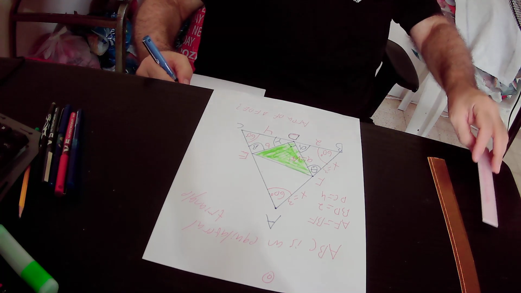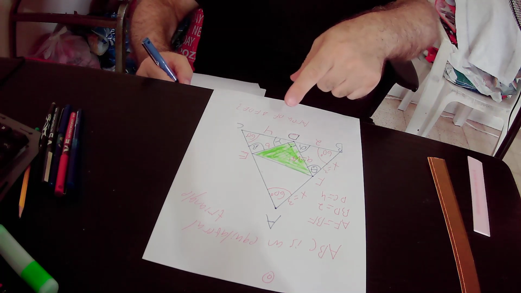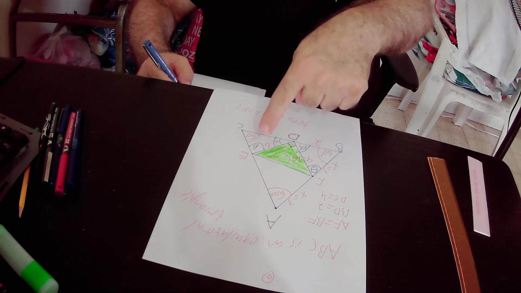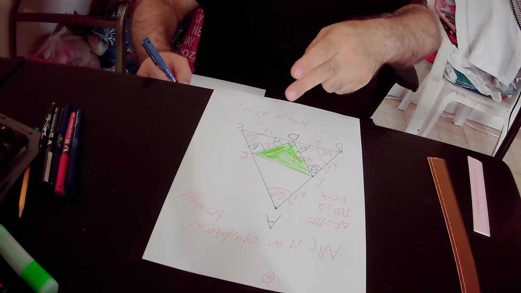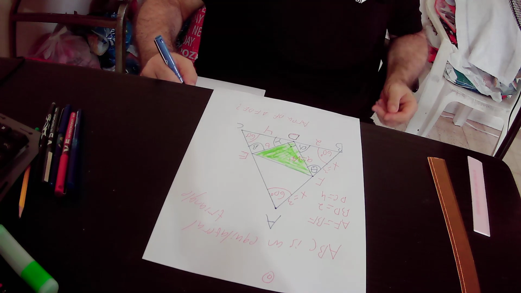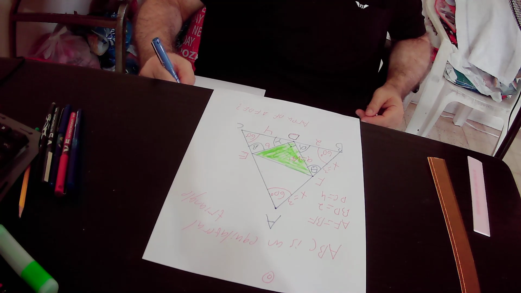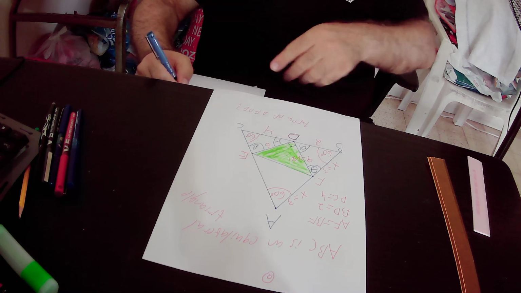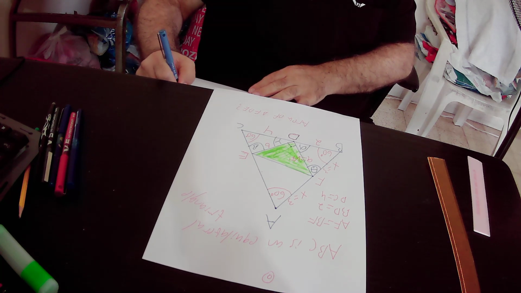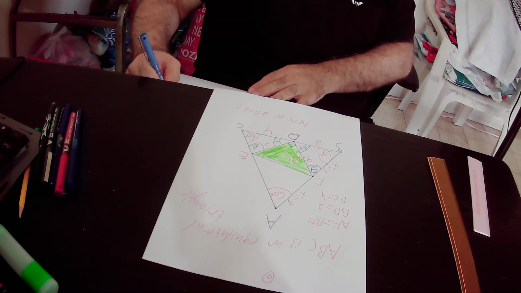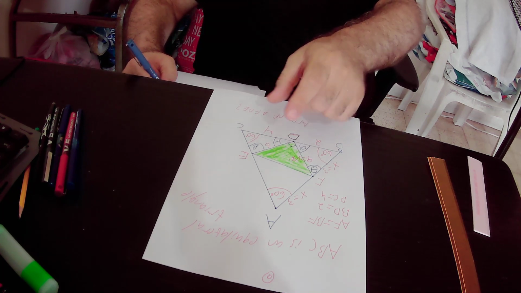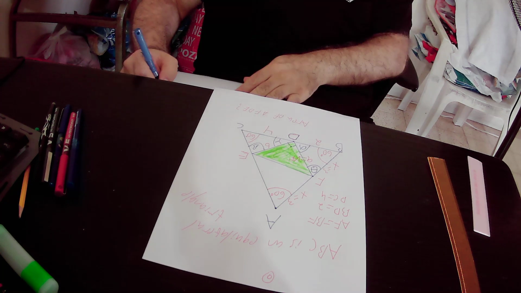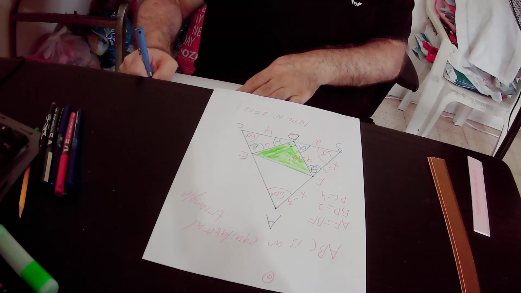Our second equation states that the sum of the angles in triangle DEC equals to 180 degrees. What is the sum of the angles in triangle DEC? It is 60 degrees plus gamma plus beta. And we know that the sum of the angles in any triangle, and especially in this triangle, equals to 180 degrees.